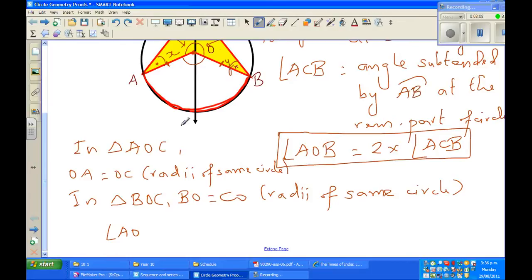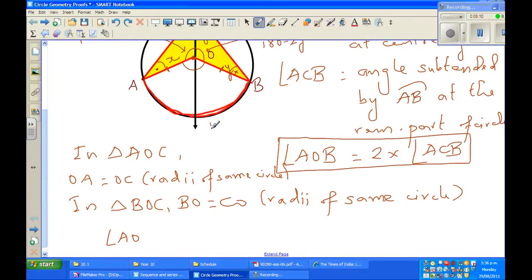Let us name this D. Can I say angle AOB, this whole angle, plus angle AOC plus angle BOC is equal to 360 degrees, since angles at a point add to 360 degrees?